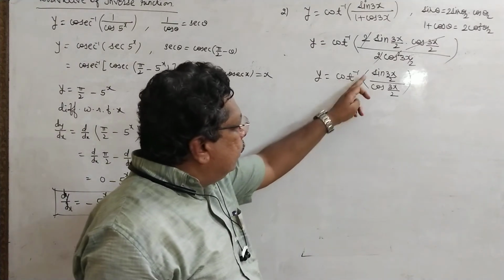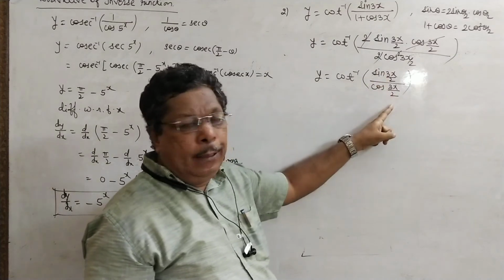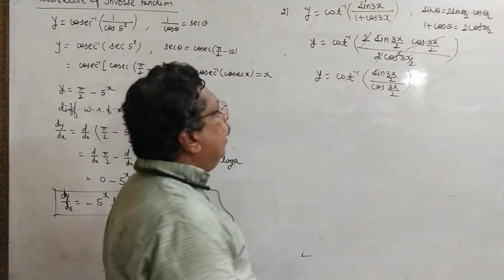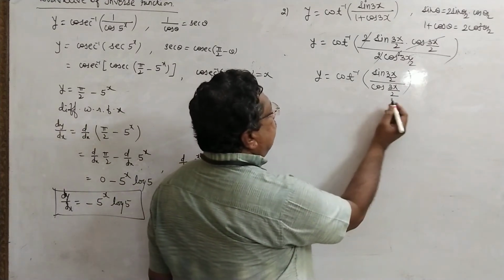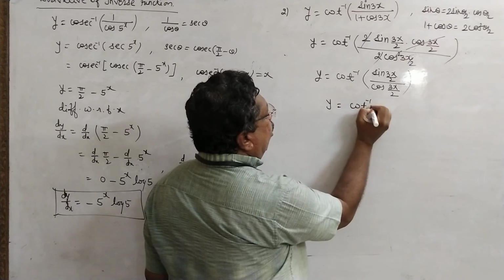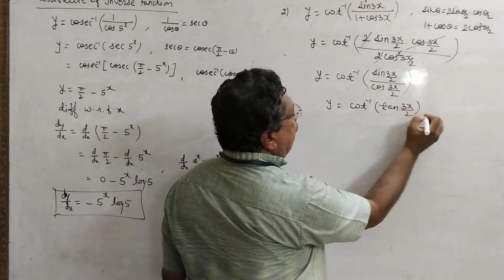Now here sin theta upon cos theta, with theta the same, 3x by 2, is equal to tan theta. So this becomes y equal to cot inverse of tan 3x by 2.